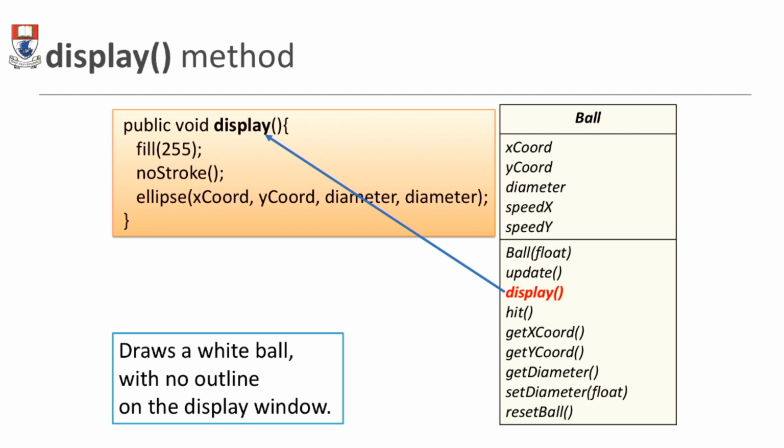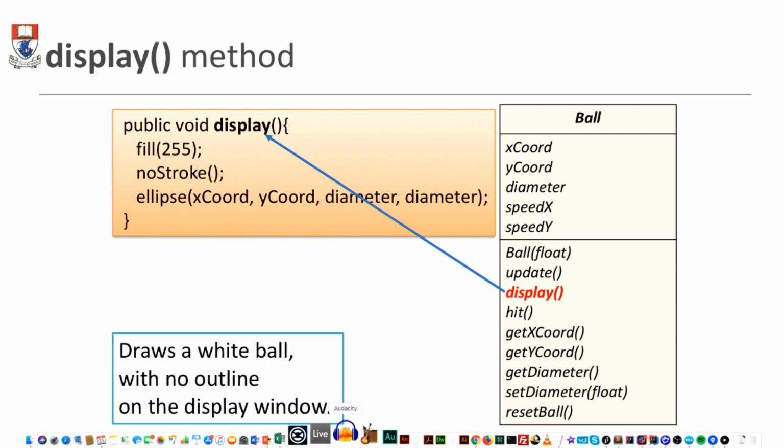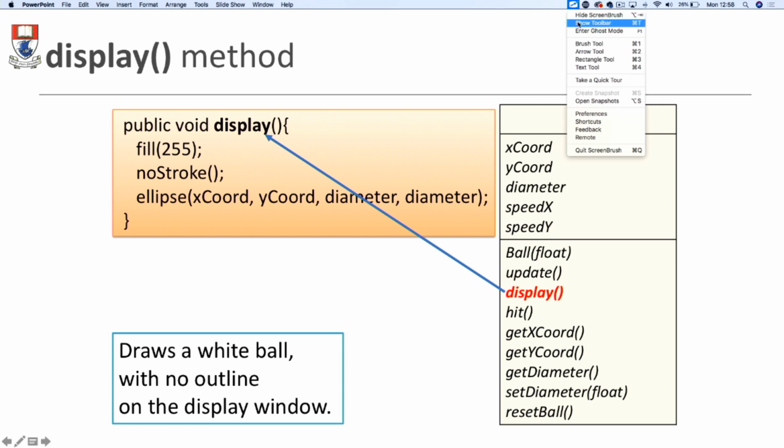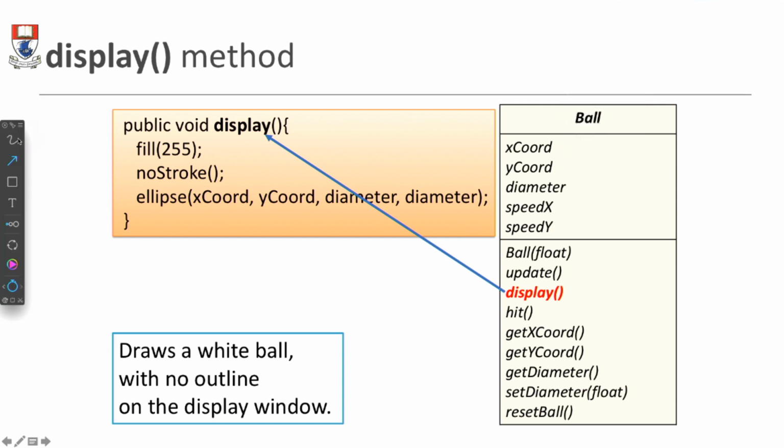If we look at the display method, this is the method that actually draws the ball. The ball is white, so because of that, we're saying that it's 255. Let me just change that for one second. So this needs to be 255 to be white.